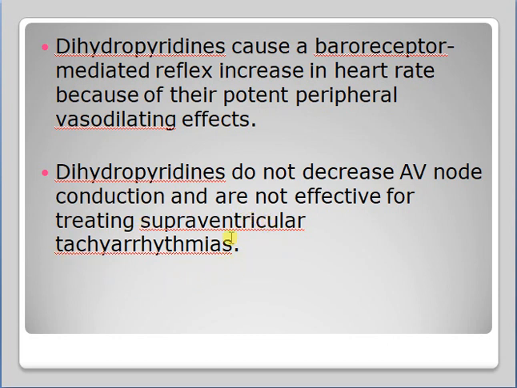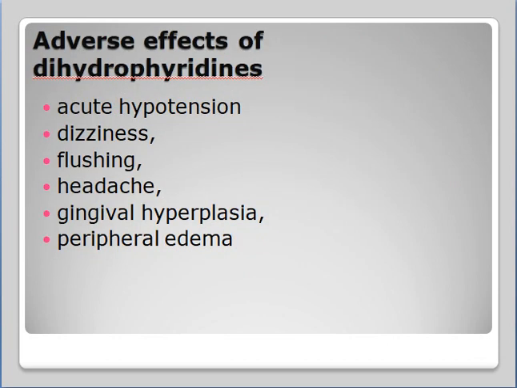That is a kind of arrhythmia, and we will discuss this later on. But this category of drugs does not show any beneficial outcomes in this kind of management. Then adverse effects associated with the dihydropyridines are acute hypotension, dizziness, flushing, headache, gingival hyperplasia, and peripheral edema.